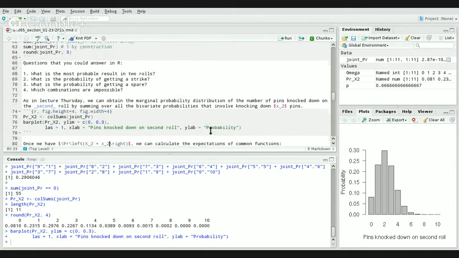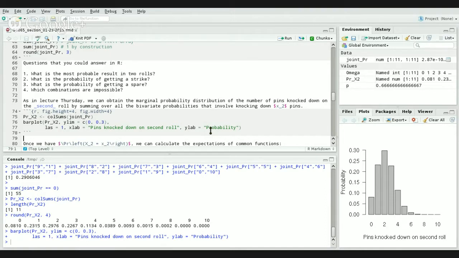So it's important to realize that this probability distribution for the number of pins knocked down on the second roll is a well-defined set of probabilities, but it's not a probability distribution that has any special name. There's no function that you can call in R to utilize it.